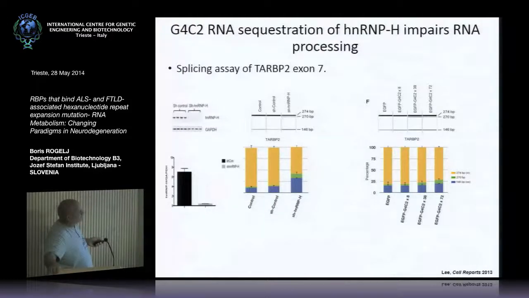There's also formation of this interesting 270 base pair band, which I will get into on the next slide. But there's also a decrease in the inclusion of the exon here, but I think that also goes towards this 270 band which appears.